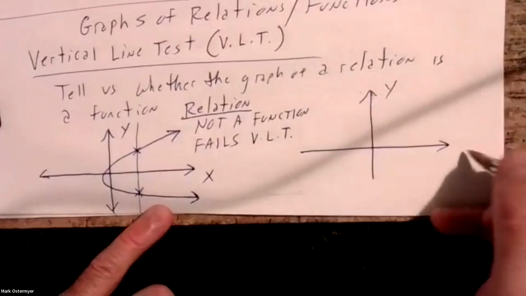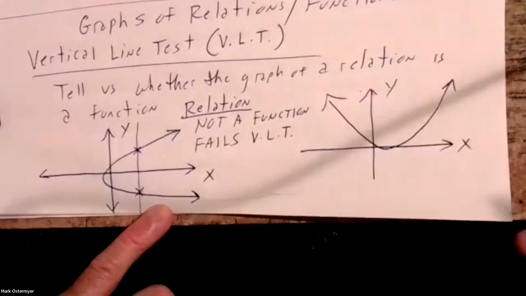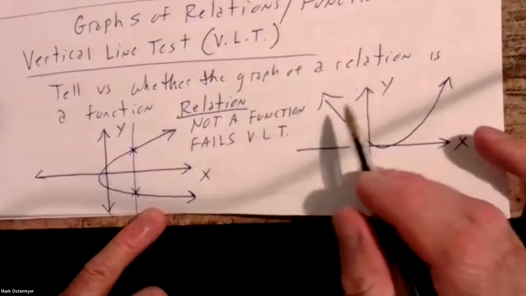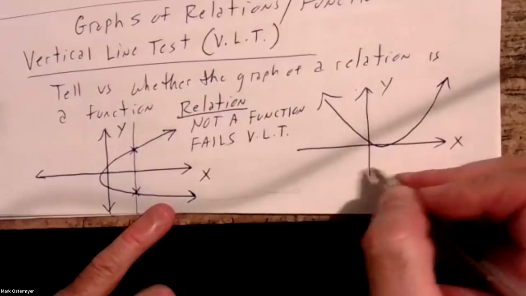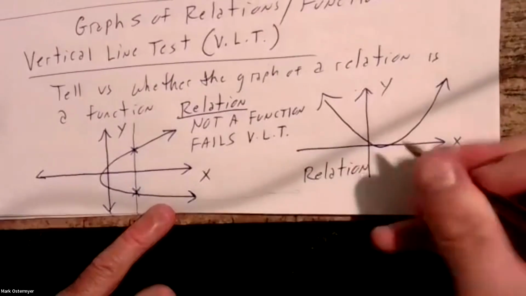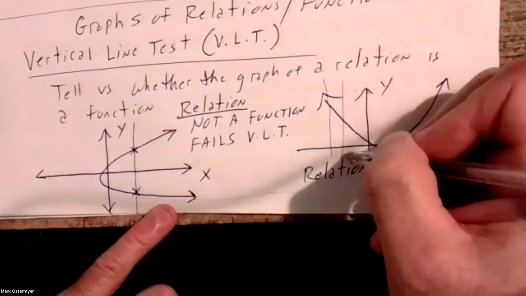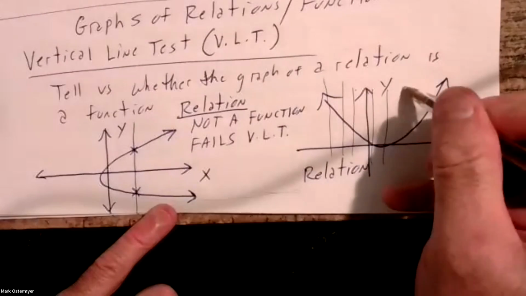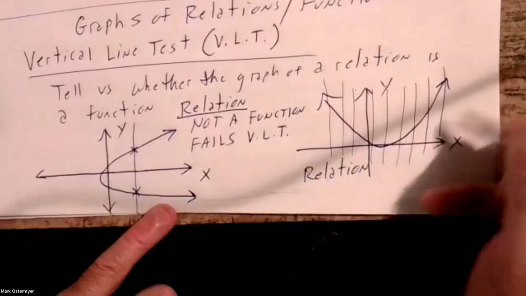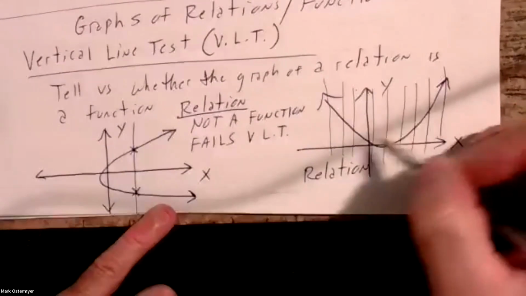All right, suppose we have the graph of another relation, and suppose it looks like this. It's a relation, it's a set of ordered pairs, but is it a function? If I take a hypothetical vertical line and place it anywhere in the XY plane, I don't care where you put it, anywhere, notice a vertical line would only touch this graph at most one point, no matter where you put the vertical line.